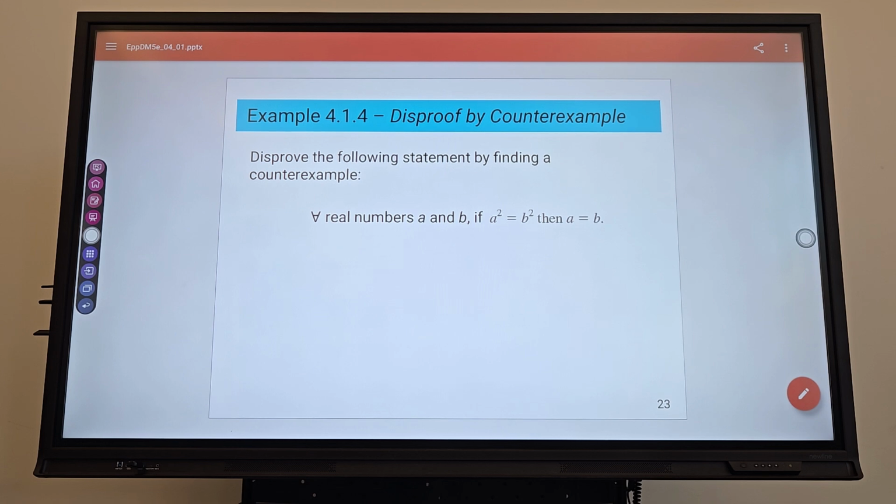Give me a counterexample. a and b equal minus 2 and 2. The squares both equal 4, but a and b do not equal each other.